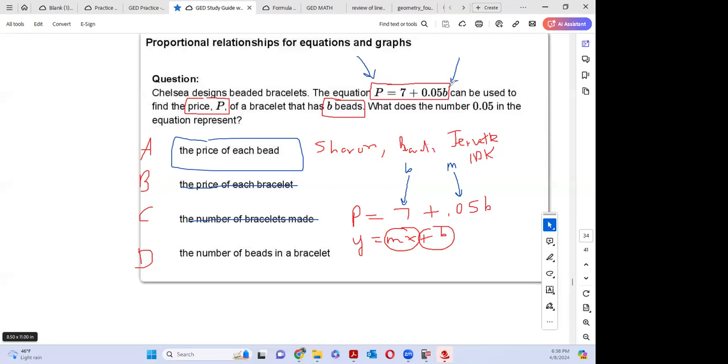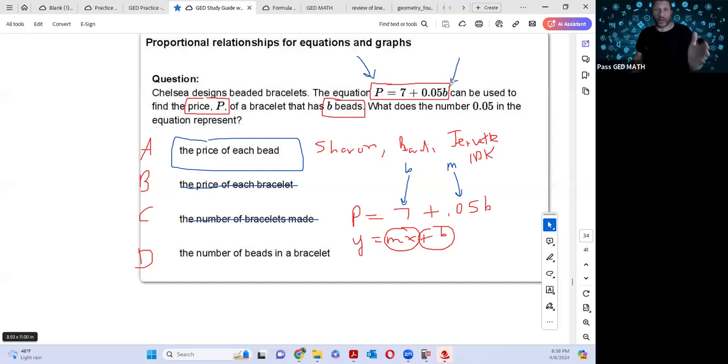But what happens is when you change those variables from X and Y, people say, oh my God, is this a linear equation? Listen, when they give you y equals mx plus b, these two variables can be anything. I can have B equal MA plus 7. It doesn't matter.